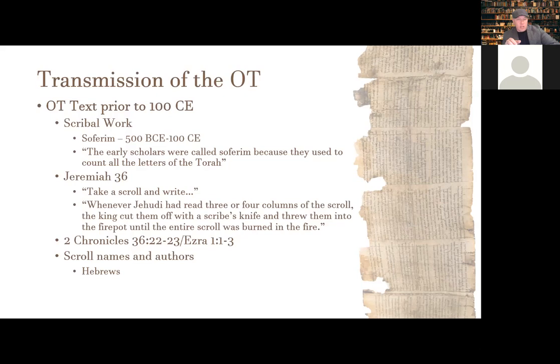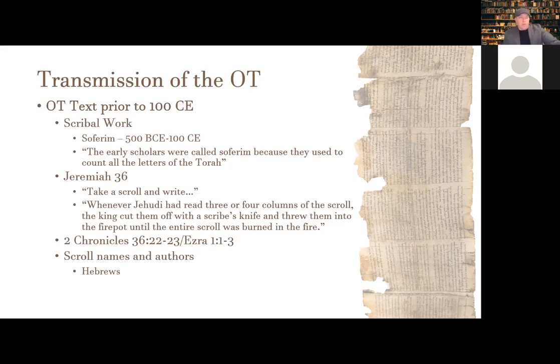This would help them understand whether a page was missing. We have page numbers now that help us do that, but they would do the same type of thing. This is what scribes were doing to keep their place, and we have an example of that from 2 Chronicles to Ezra. Something that was a scribal notation ends up becoming part of the text of Ezra.